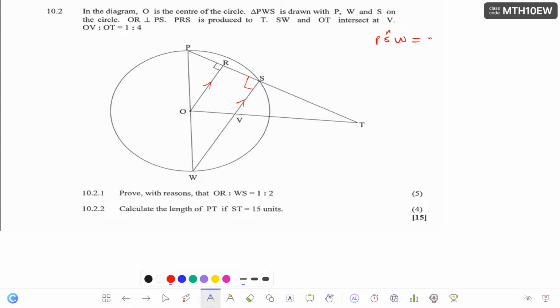It is equal to 90 degrees. Reason, I said angle in a semicircle. What else? Angle PRO is equal to what? 90 degrees. Reason: given.